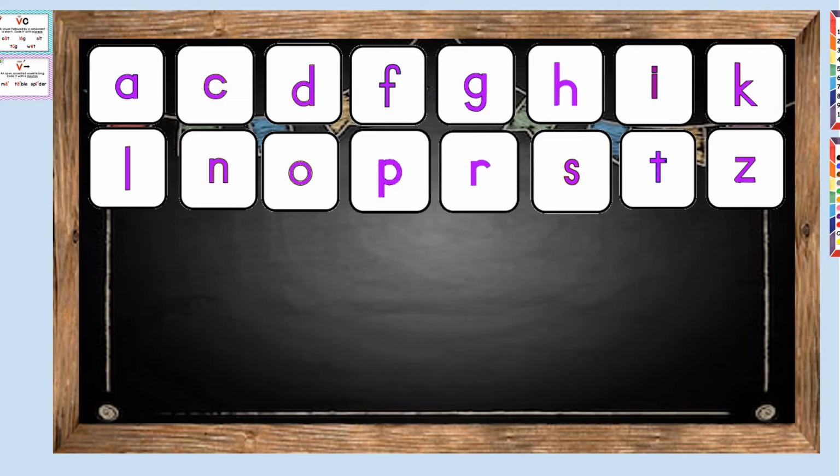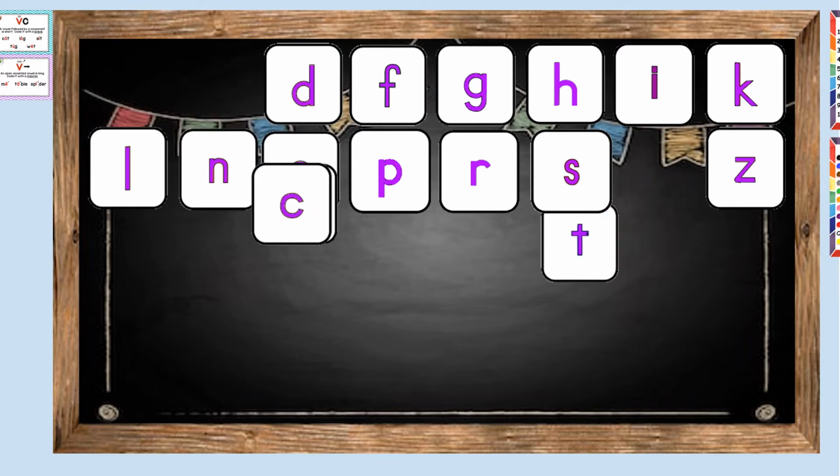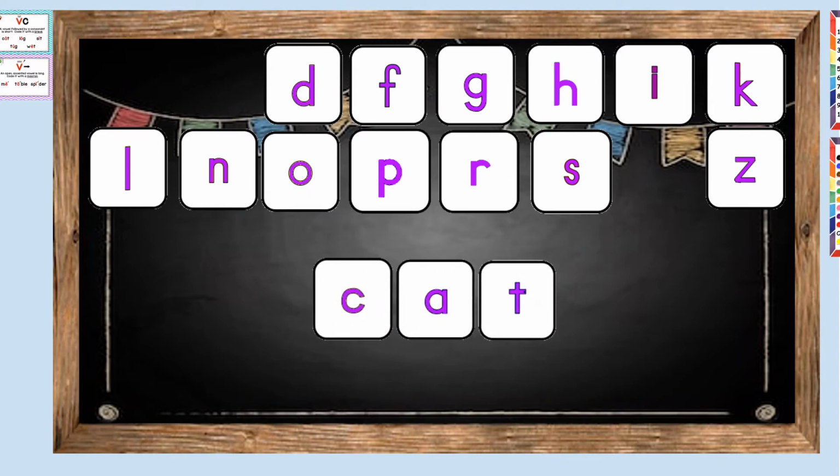All right, boys and girls, let's go ahead and let's get started. Let's see what letters we're going to start off with today. We need the letters C, A, and T. Remember, make sure your letters look like my letters.